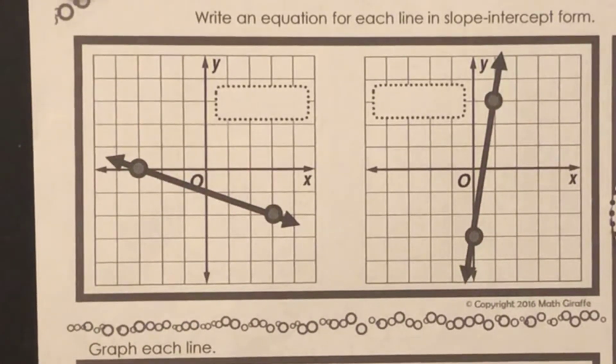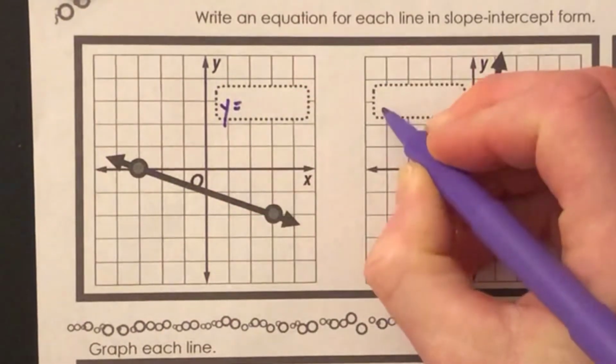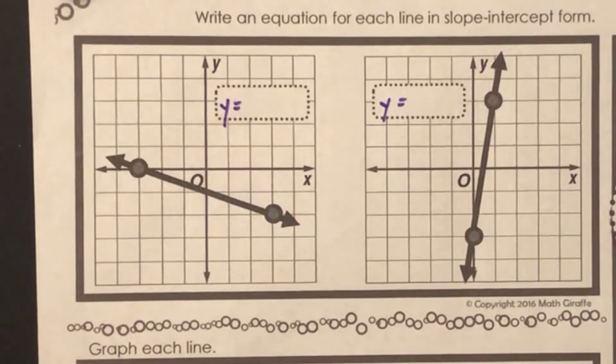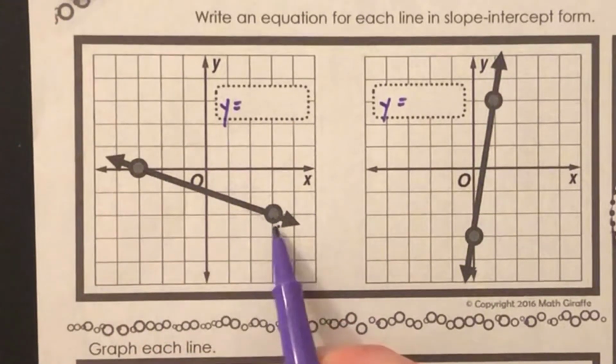Let's start with y equals, okay? Because we know that they all start with y equals. The equation is y equals mx plus b. M is the slope. So let's find the slope. This one goes down, so this is negative.